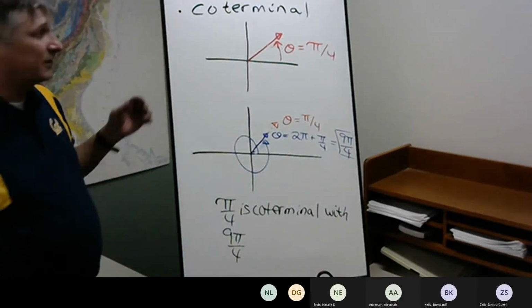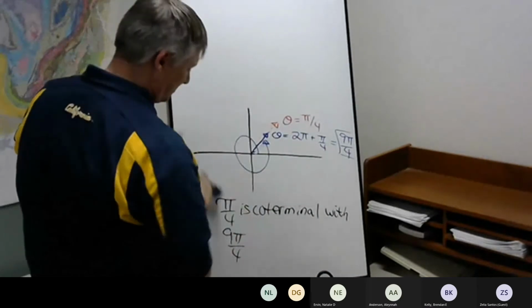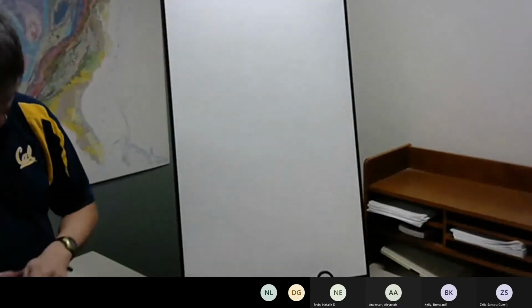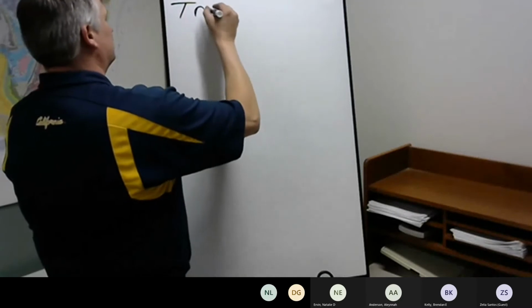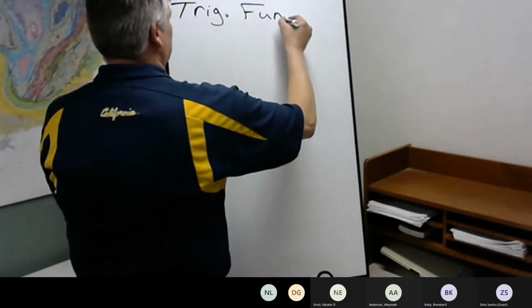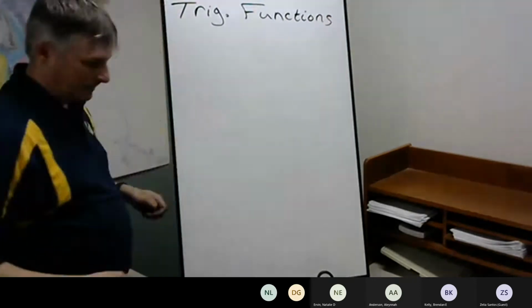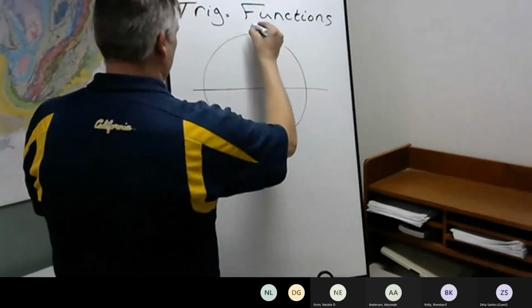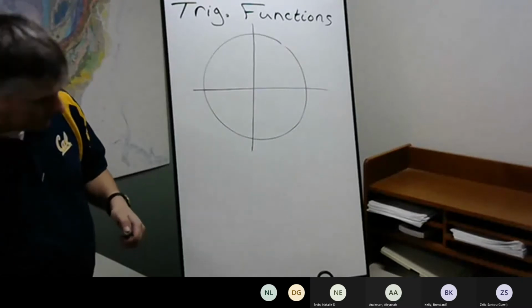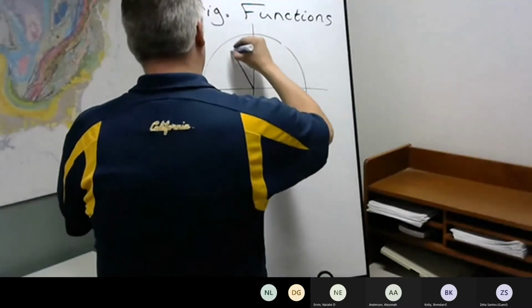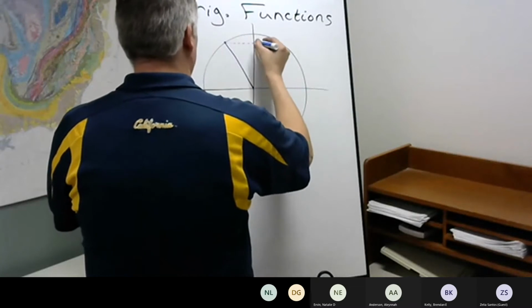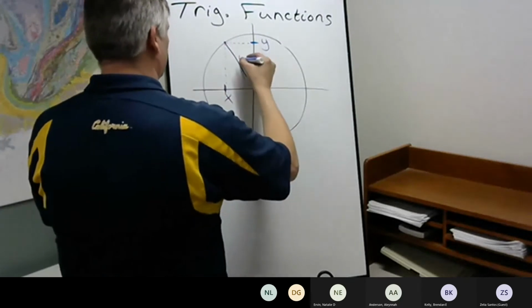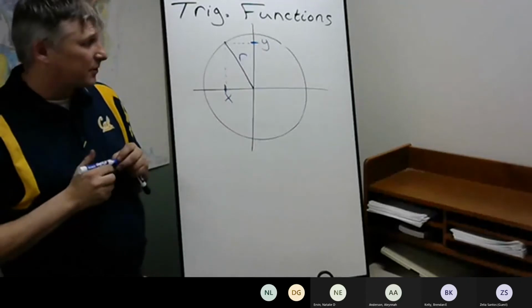So we're going to look now at basic trig functions. So again, r is going to be the radius on this circle.